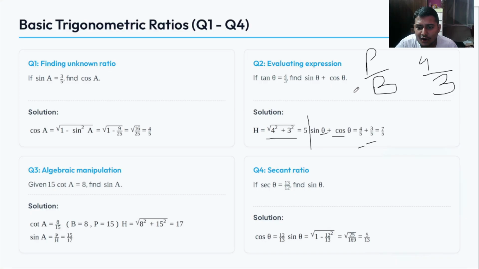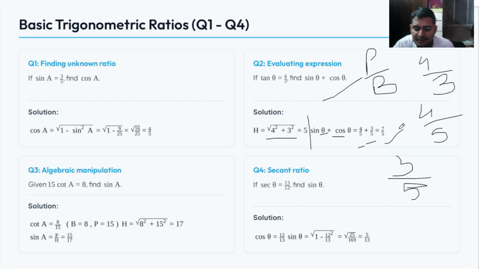So sin theta plus cos theta equals 7 by 5, because sin theta equals 4 by 5, as hypotenuse is 5 and perpendicular is 4, and cos theta equals 3 by 5. We are substituting the values here: 4 by 5 plus 3 by 5 equals 7 by 5. This is the final result. Answer is 7 by 5.